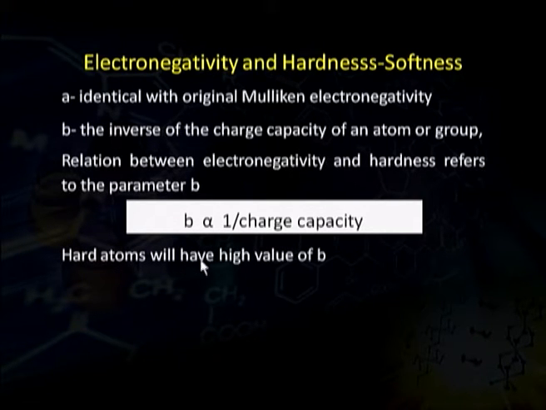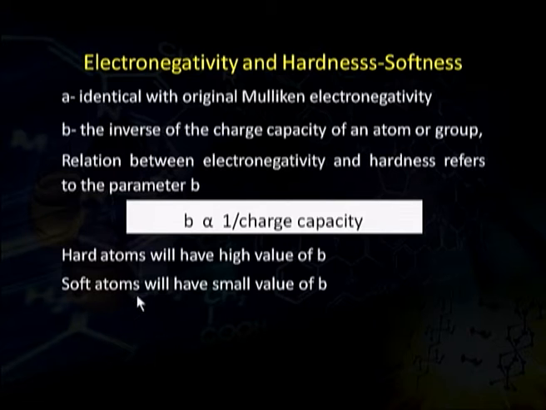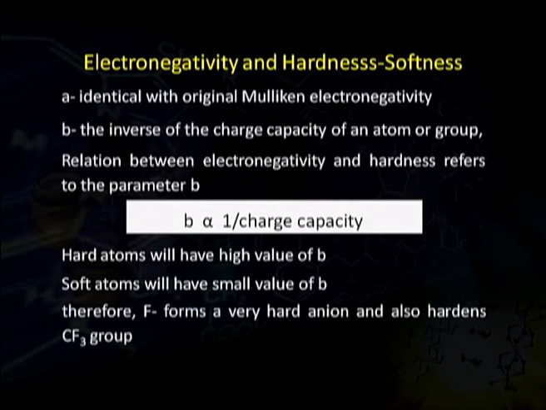Hence, a hard atom will have a high value of B. High value of B means they have low charge capacity, whereas the soft atoms will have a small value of B. Small value of B means they will have more charge capacity, as B is inversely proportional to charge capacity.